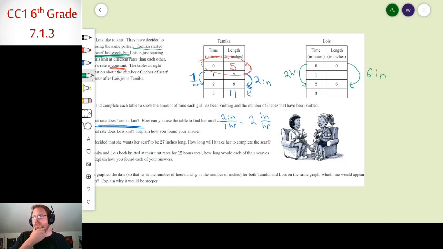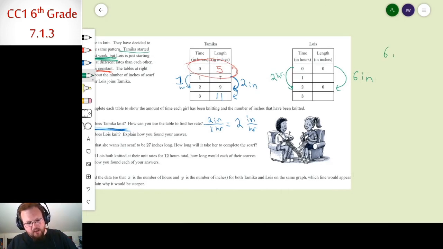So if you wanted to find her rate, and again I went from 0 to 2 is how I got that, you would take 6 inches divided by 2 hours and get 3 inches per hour. Okay, that's pretty easy. And then 0 to 3 inches, then 3 to 6, and then 6 inches to 9. And then you've filled in the scarf.